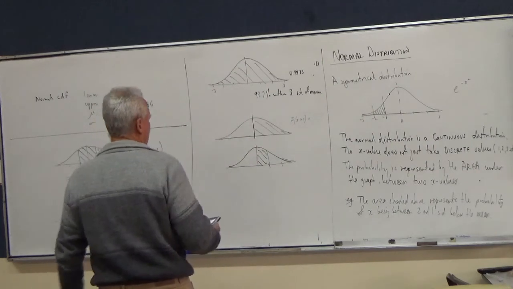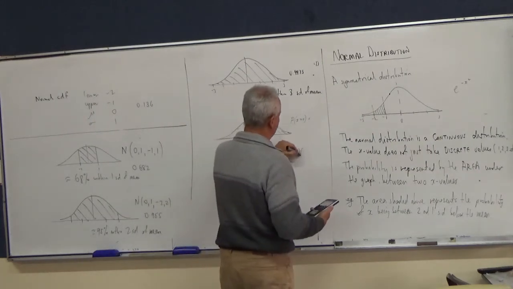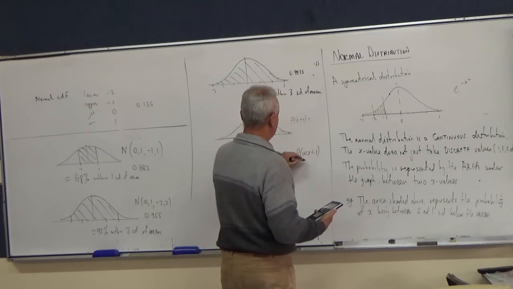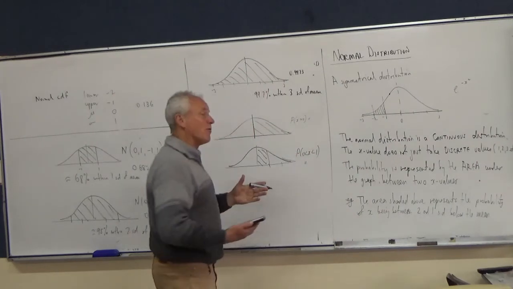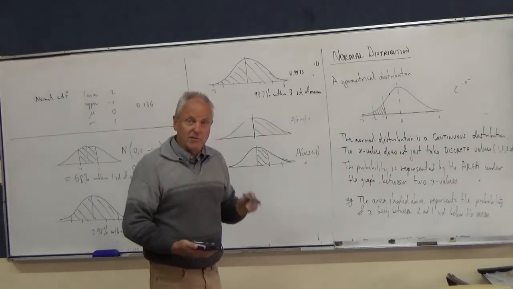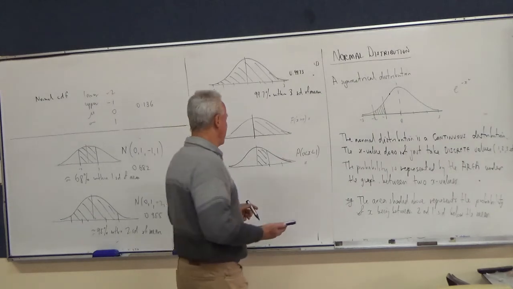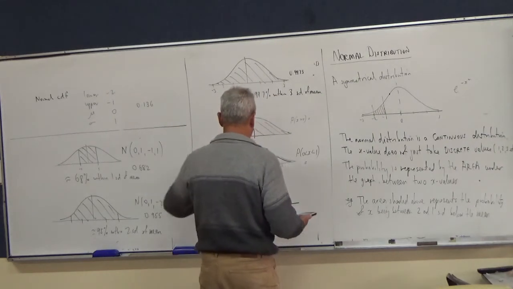What's the probability that 0 is less than x is less than 1? And I want you to do these without using your calculator. There's enough information in what you've already done.